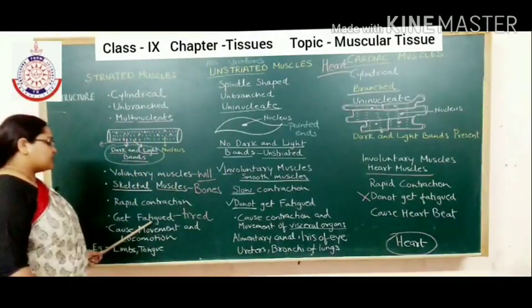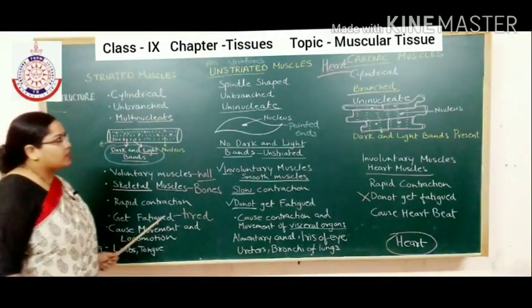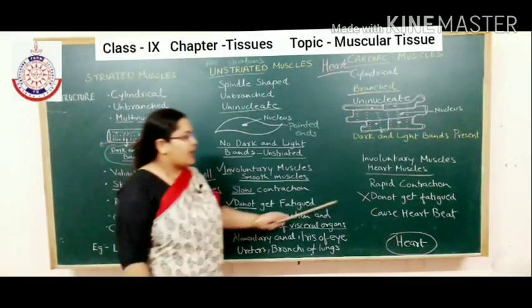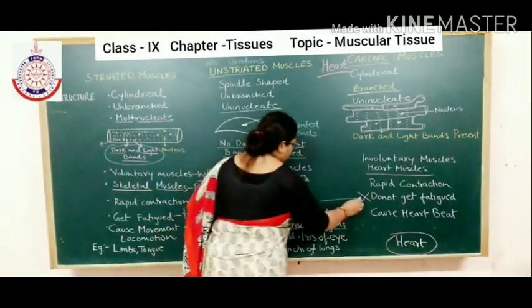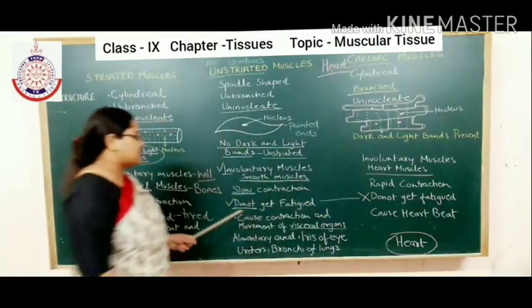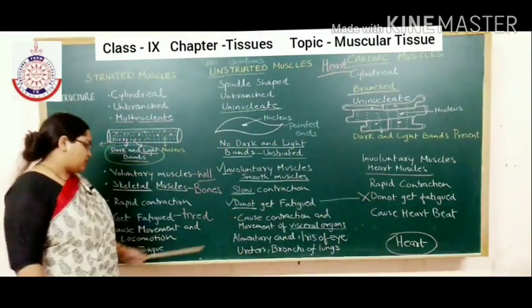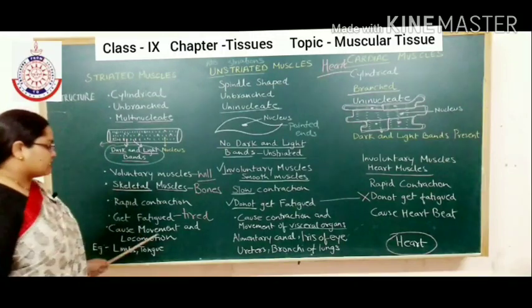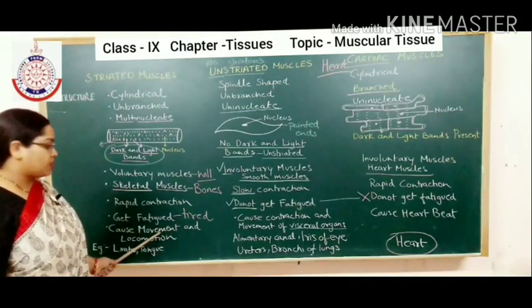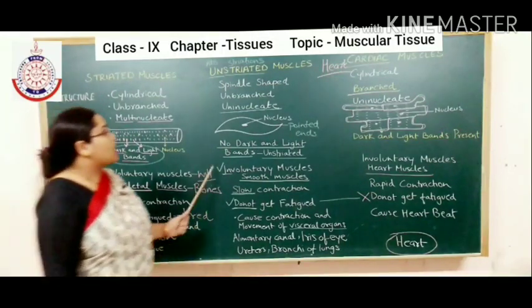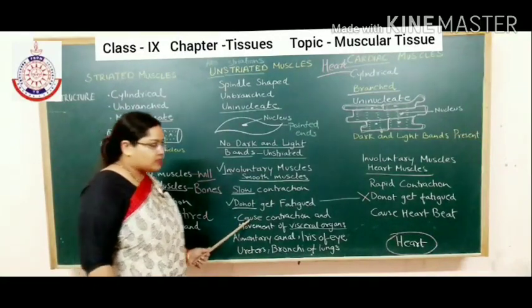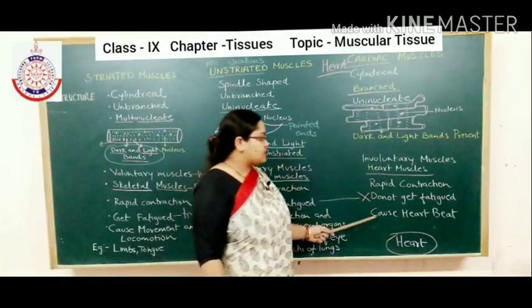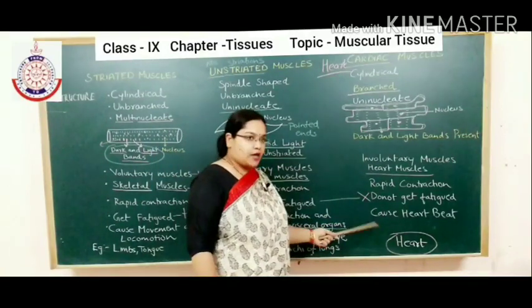Striated muscles get fatigued, they get tired. Unstriated and cardiac muscles do not undergo fatigue. Striated muscles help in movement and locomotion. Unstriated muscles cause contraction and movement of visceral organs, and cardiac muscles cause heartbeat.